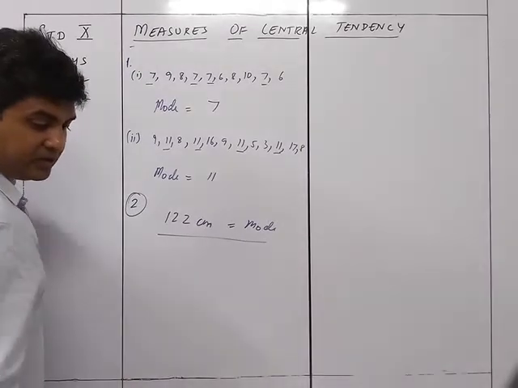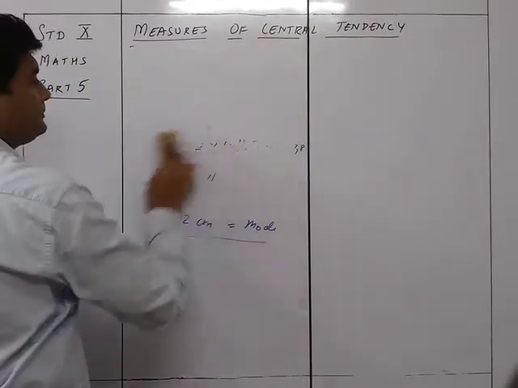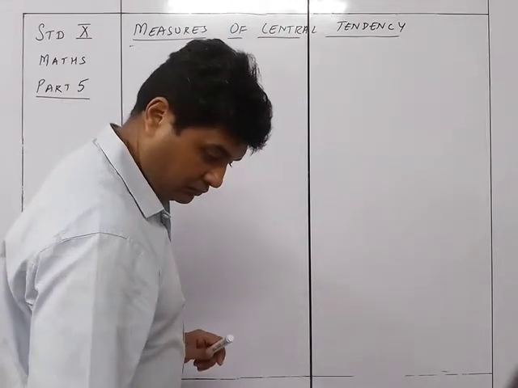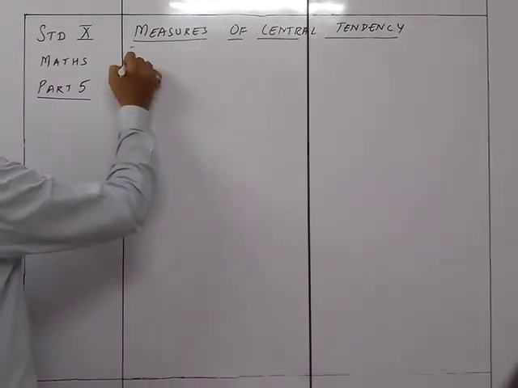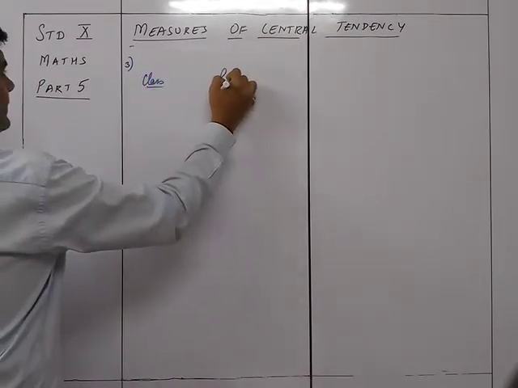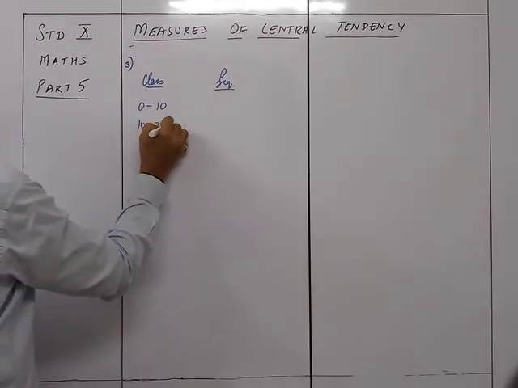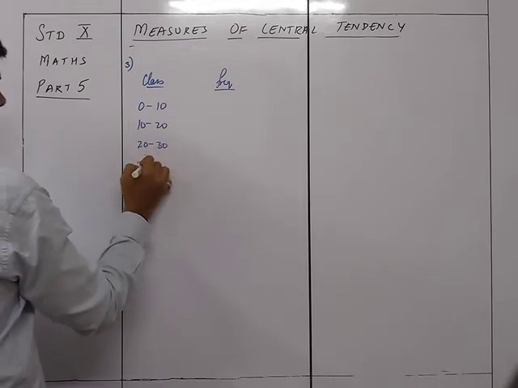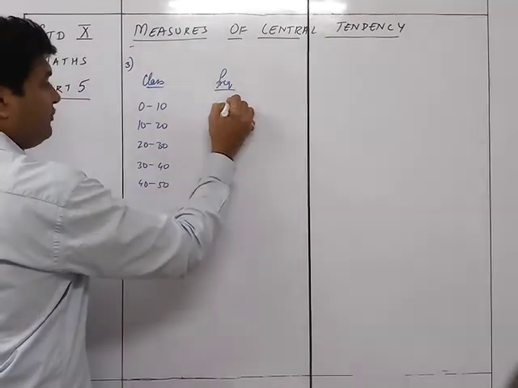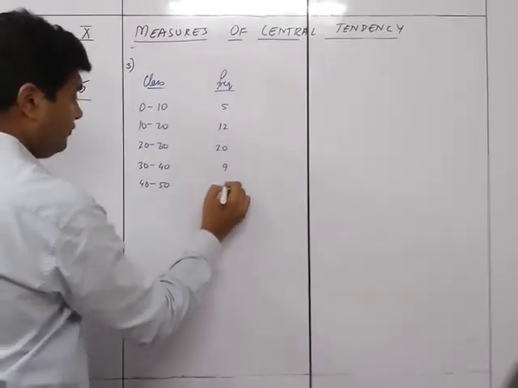Question number 3 is now a histogram, so let's draw the histogram now. We have question number 3 with class and frequency: 0 to 10, 10 to 20, 20 to 30, 30 to 40, 40 to 50, and you have got 5, 12, 29 and 4.